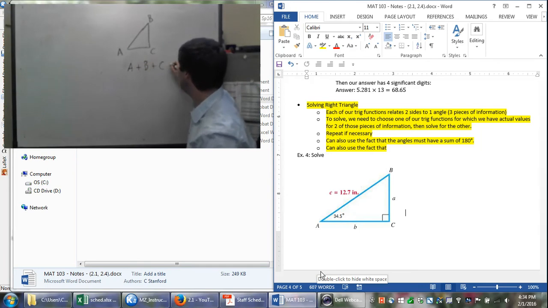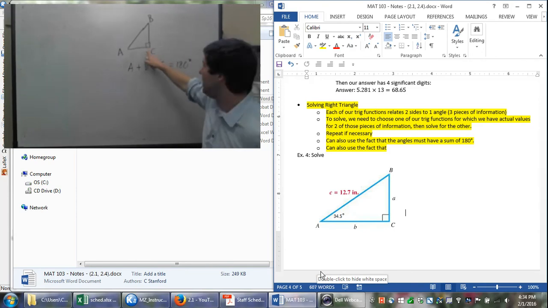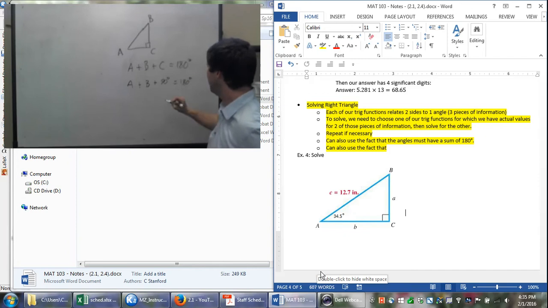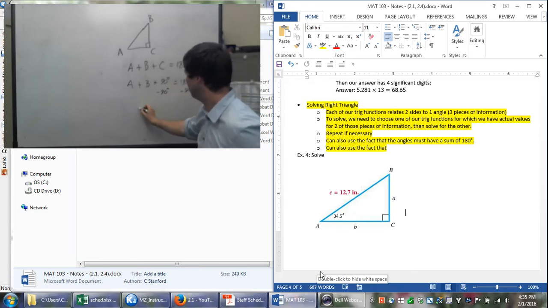So next we're going to go to solving right triangles, which again is kind of the heart of trig, and we'll use these techniques all semester. So let's see. Okay, so to solve a right triangle, we're going to be doing a little bit more than just using the trig functions.